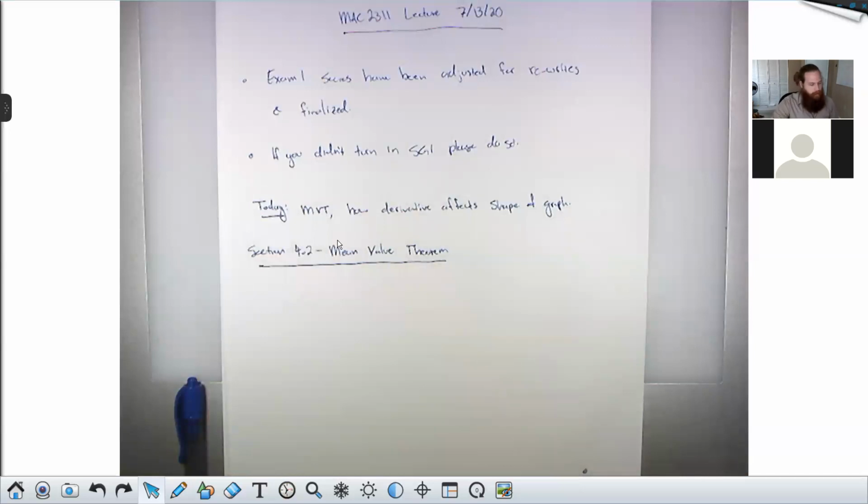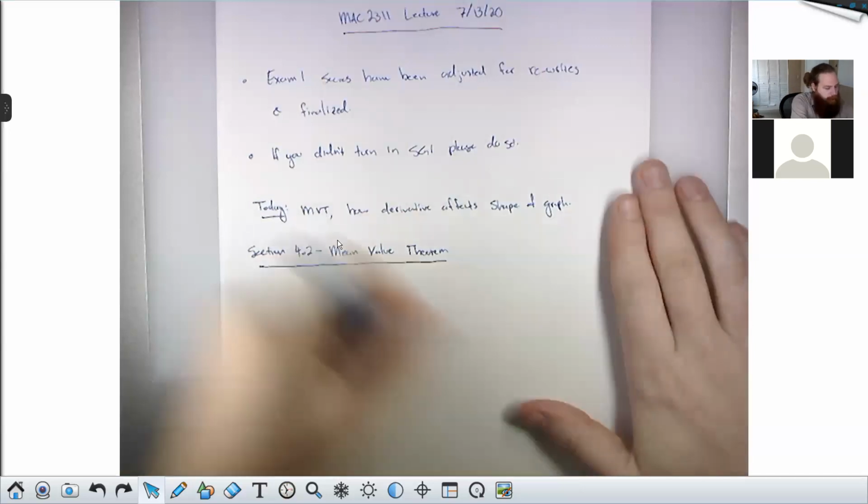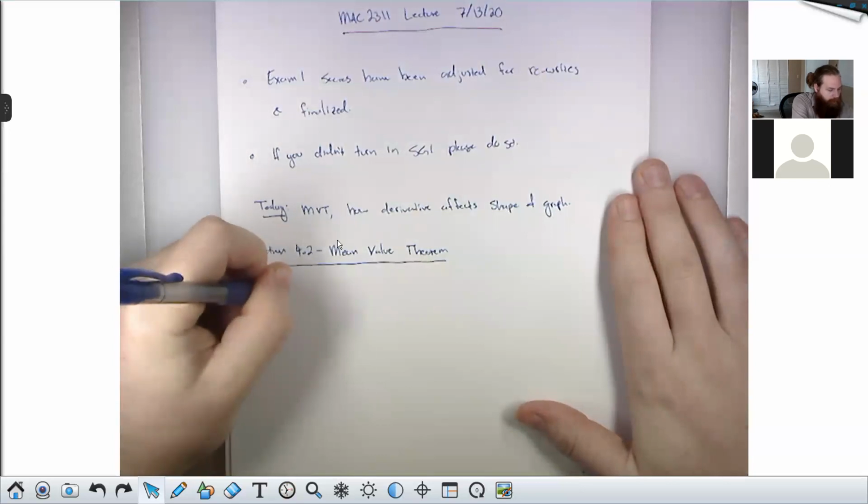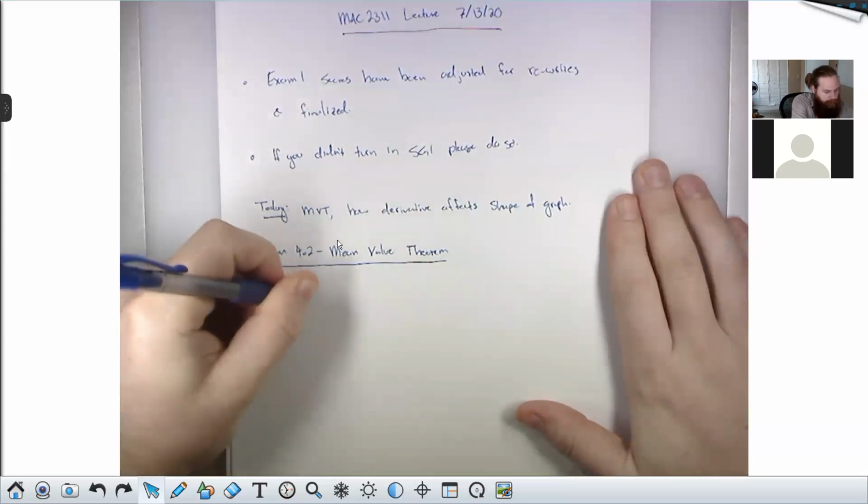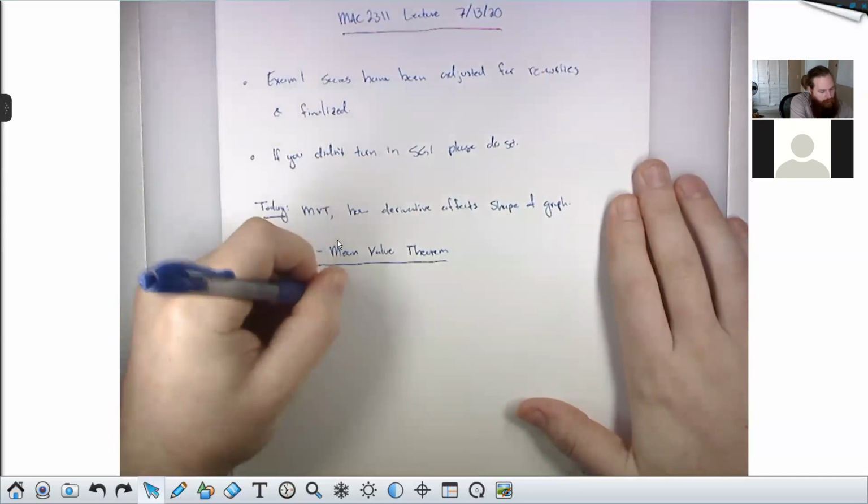So the sort of gentler theorem that we use to build up to the mean value theorem is called Rolle's theorem.